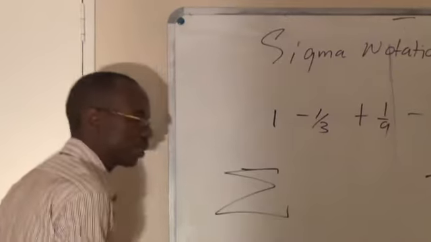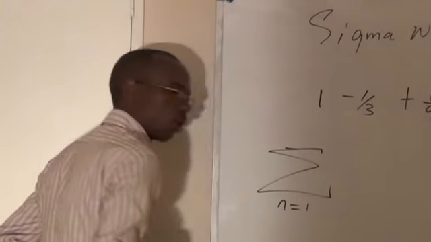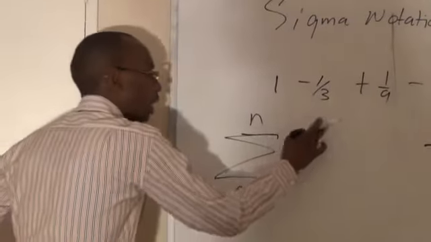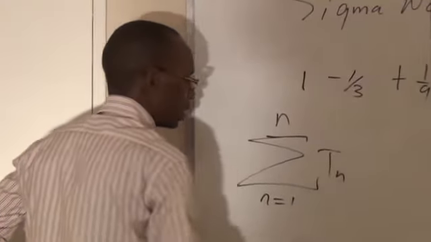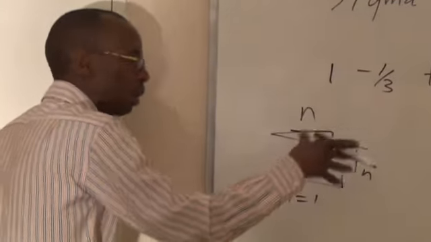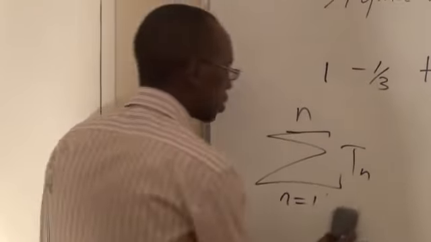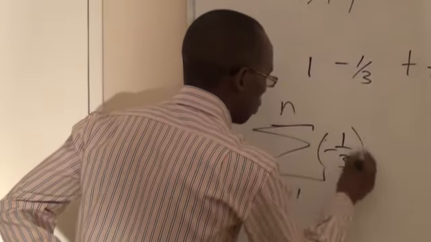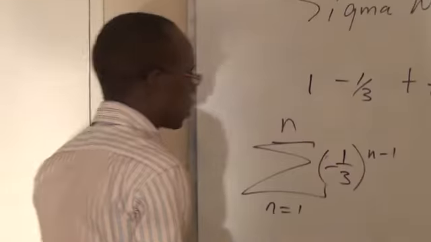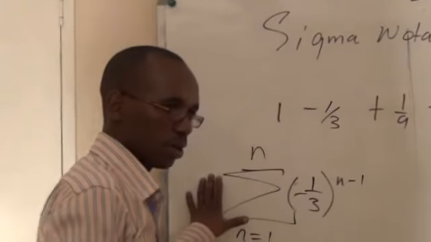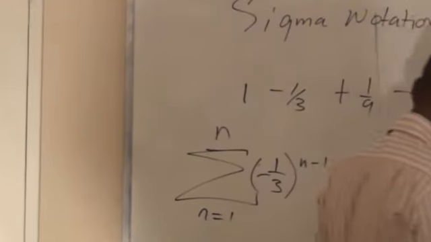We start a series with our first term to any other term that we want, n, and we'll be adding the terms. So T1 plus T2 plus T3. But we know what Tn is. It's minus 1 over 3 to the power n minus 1. So we can represent this whole series simply like that. Can we check if that is true? Yes, let's do that.